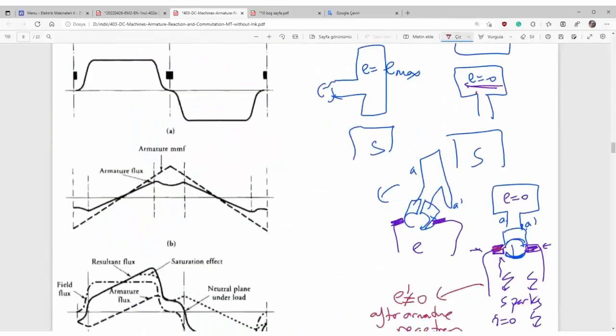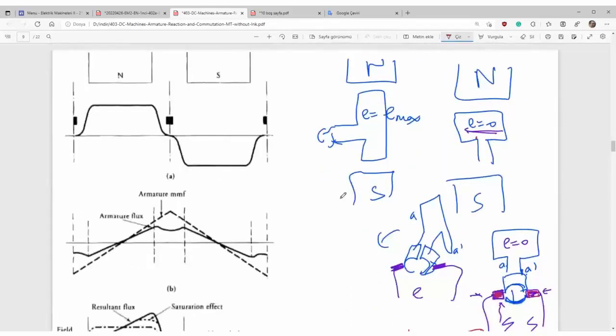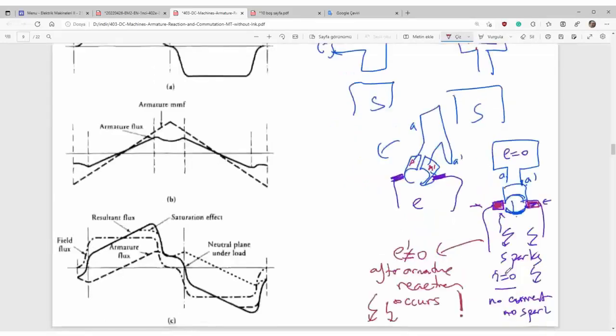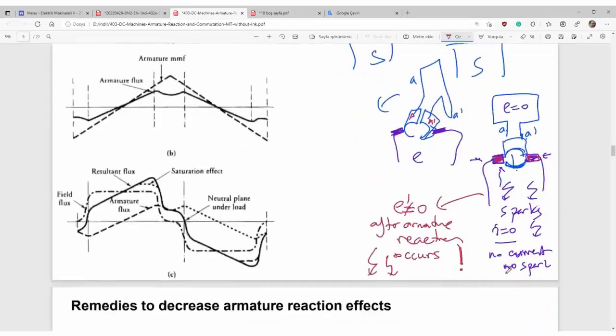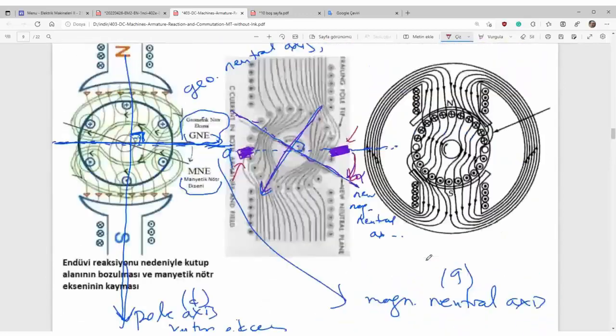Houston. Bak burayı Türkçe söyleyeyim. Tam böyle dönerken değişim anına denk geliyor. Bak şu fırça bu A'ya basarken birazdan A üstüne basacak. Şuradan A'dan A üstüne geçiş anına, komütasyon anına denk geldiği için tam komütasyon anında kısa devre oluyor. Normalde bu sorun olmayacaktı ama endüvi akımı peydahlanınca, enerji dönüşümü yapınca Houston, manyetik nötr ekseni kayınca, alfa kadar atıyorum.